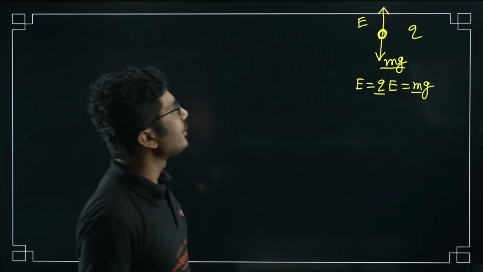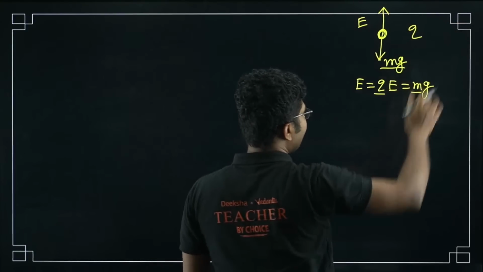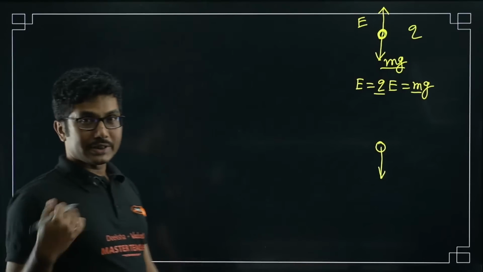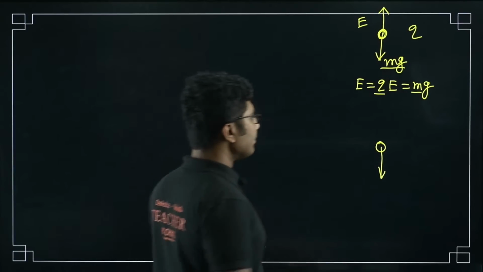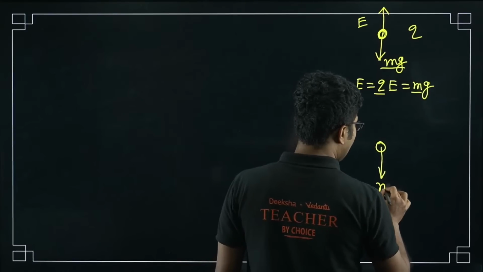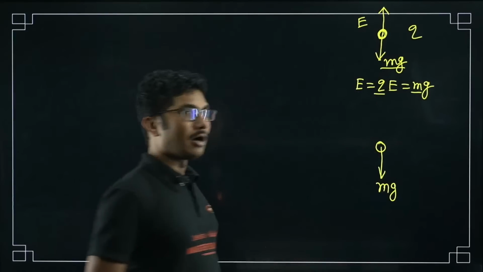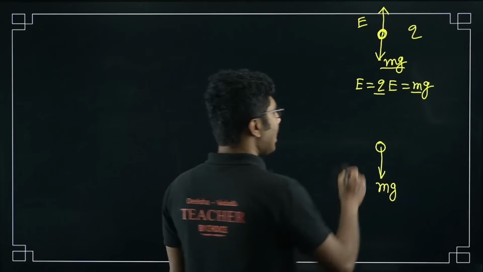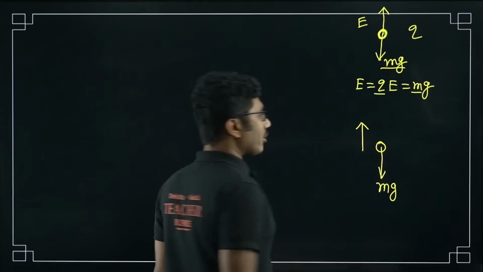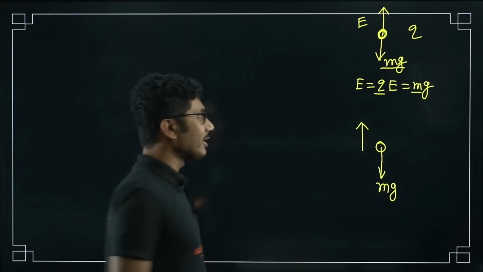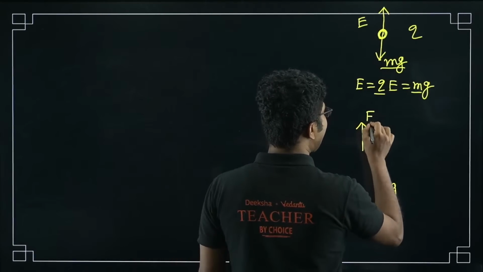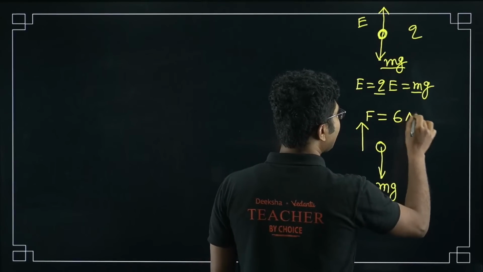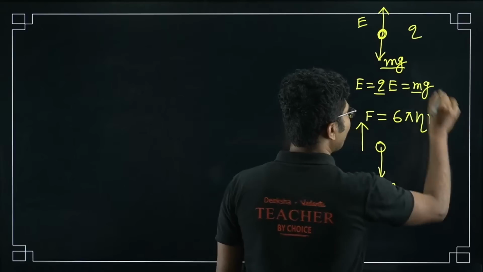Now once you switch off the electric field, the drop is found to fall with a constant velocity, the terminal velocity. How is that possible? Even though the weight mg is acting downward, it should accelerate downward, but it is moving with a constant velocity, because there is a drag force dragging it in the upward direction, and that drag force is 6 pi eta r v.